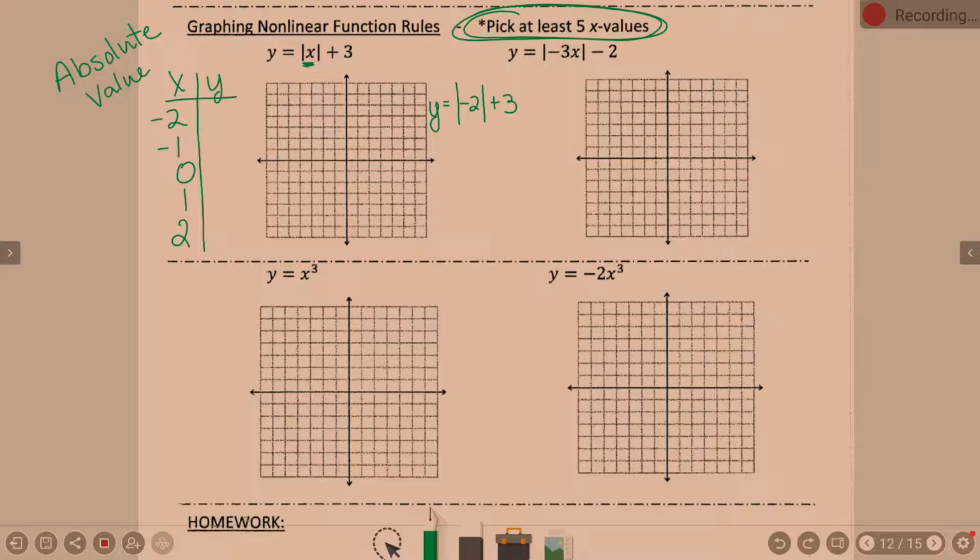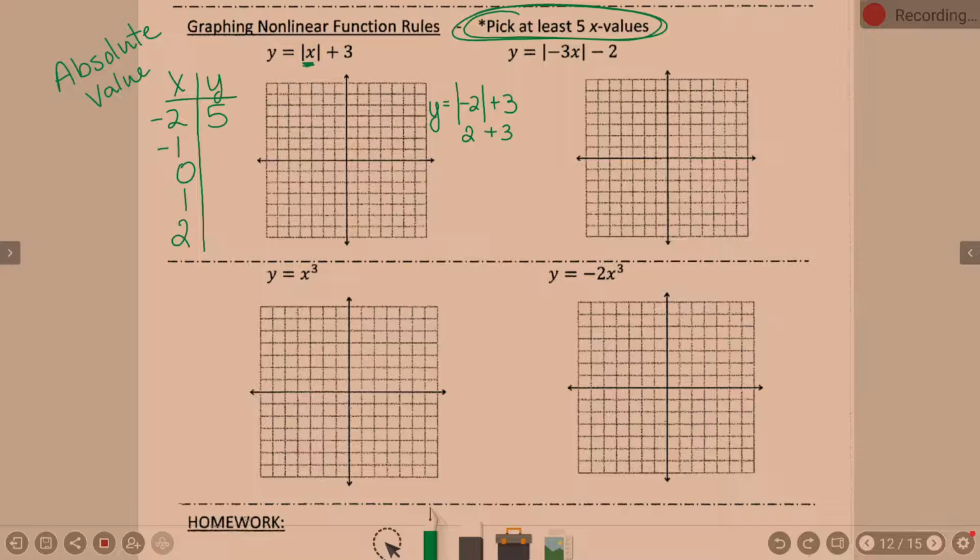So absolute value bars always make whatever's inside of them positive. So what's the absolute value of negative 2? Positive 2. And so then we're going to do positive 2 plus 3, and 2 plus 3 is 5. So absolute value always makes a number positive.